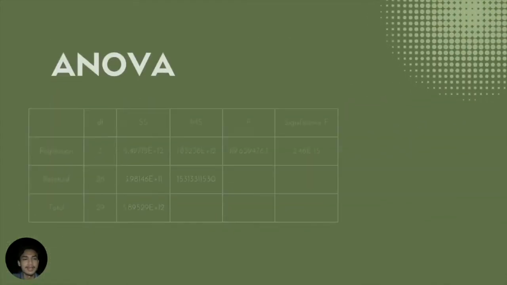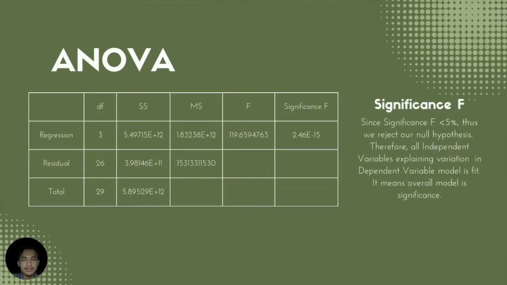Now we have a look into the ANOVA. Since the significance F is below 5%, we have to reject our null hypothesis. Therefore, all our independent variables explaining the variation in the dependent variable, and the model is fit. It also means that our overall model is significant.